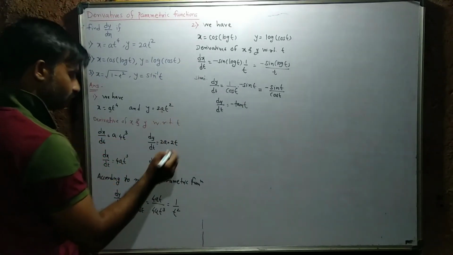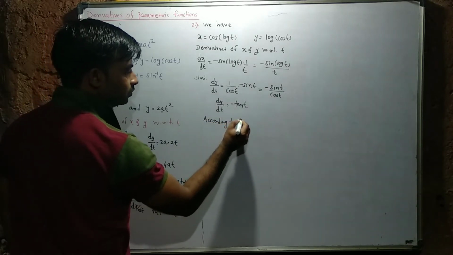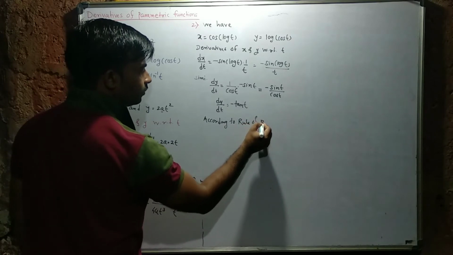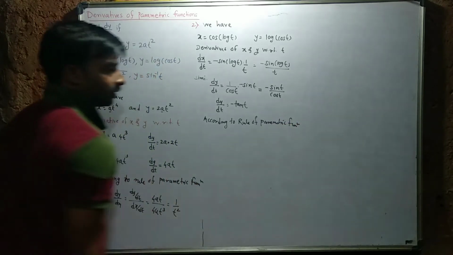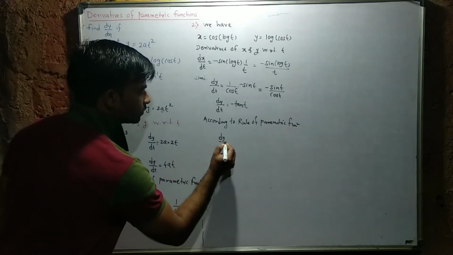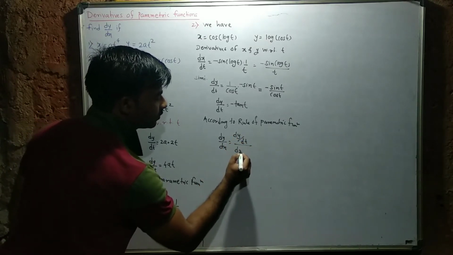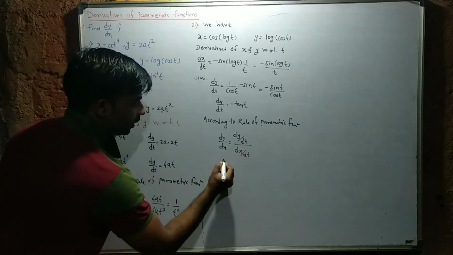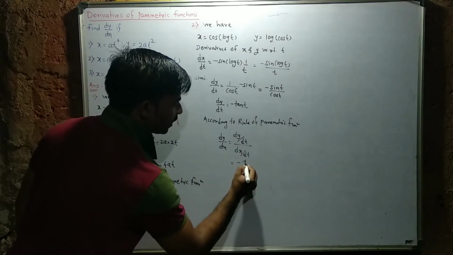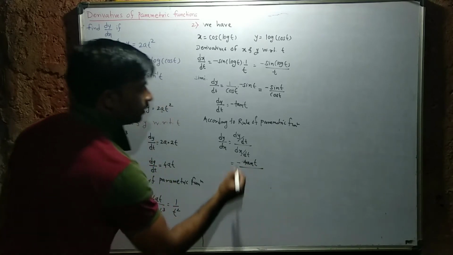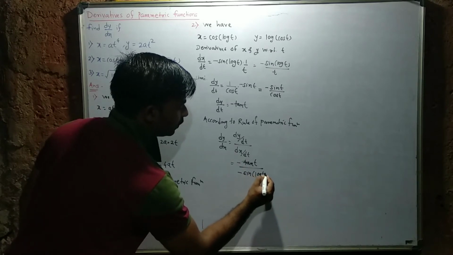and according to the rule of parametric function, dy by dx is equal to dy by dt divided by dx by dt, and here dy by dt is nothing but minus tan t, whole divided by dx by dt, which is nothing but minus sine log t divided by t.